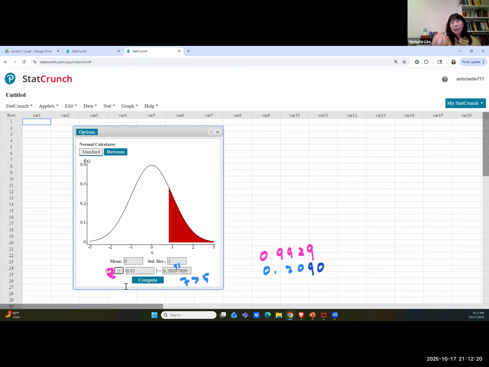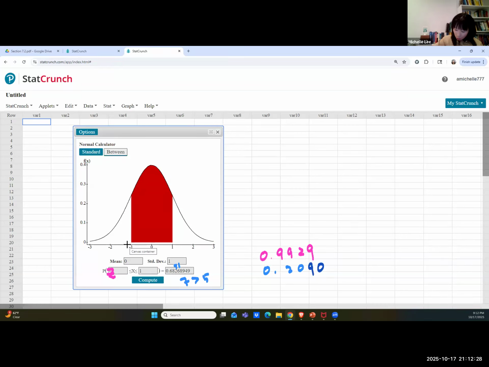Okay, good. The next one, we have the Z-score between negative 1.23 and 0.98. So we can see the between option here, can you see? Okay, so we click between, and this is the Z-score here, right? Now the Z-score is between negative 1.23, right?